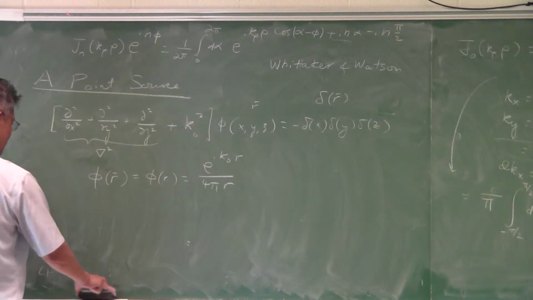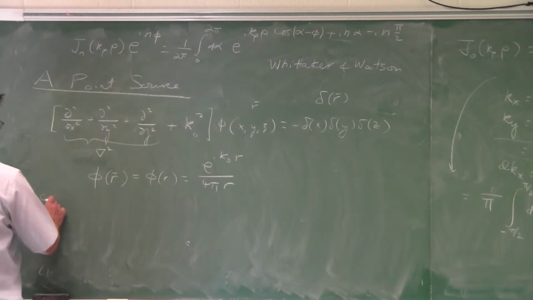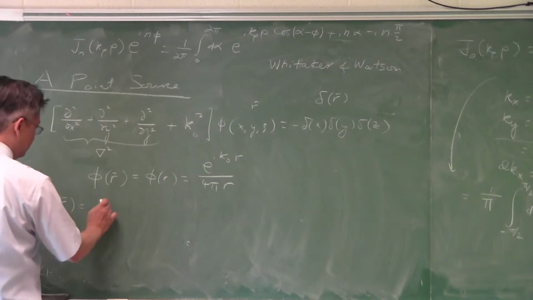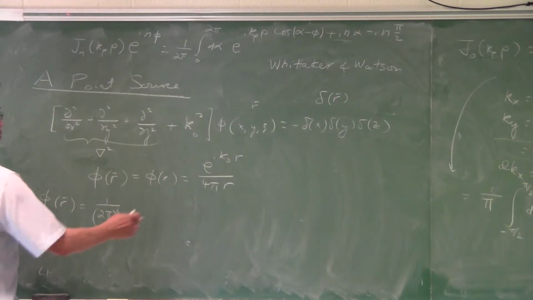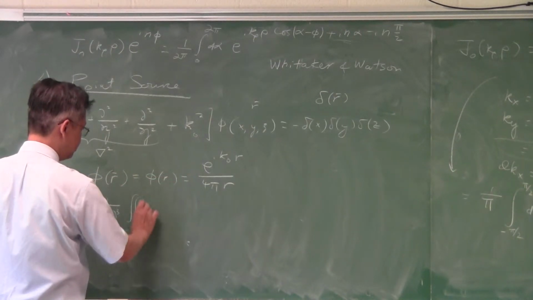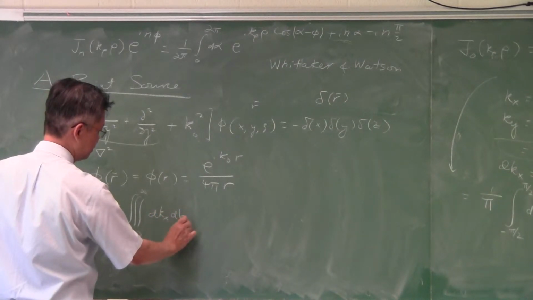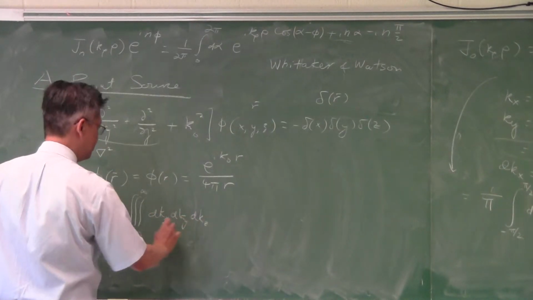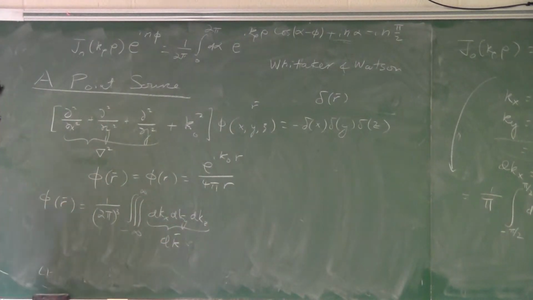But let me apply the Fourier transform to the entire equation. Let me use the 3D Fourier transform to represent this field in terms of a 3D Fourier integral. I will have dkx, dky, dkz here, which in the future I will just write in shorthand as dk.